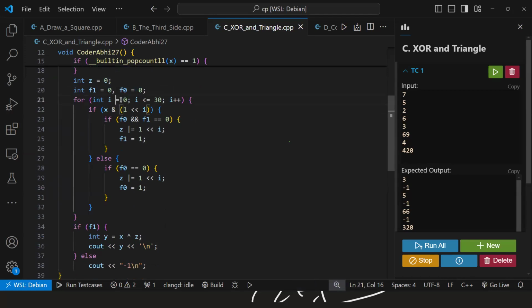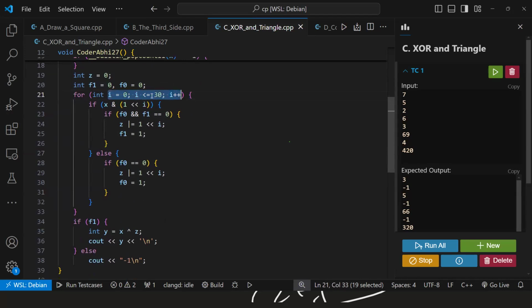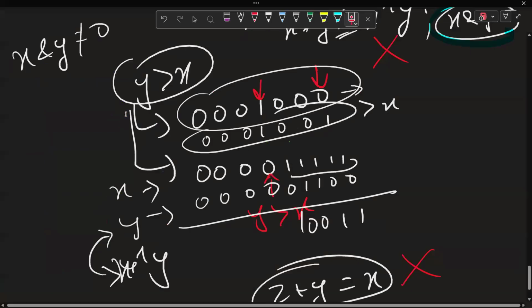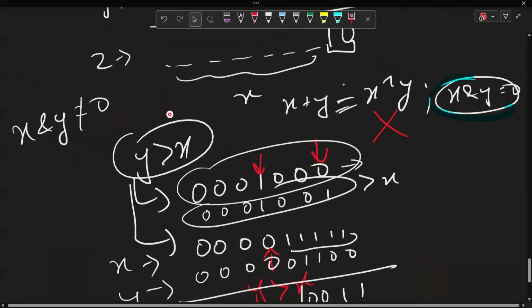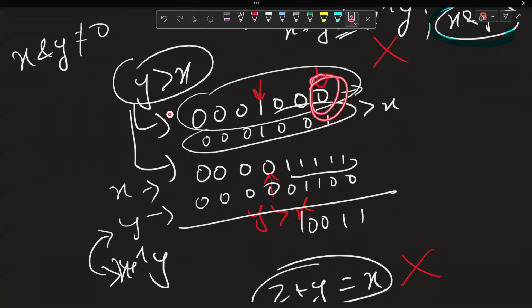So I start with the LSB, from 0 to, these are the bits. I'll check if the ith bit is set. If the ith bit is set, what I need to make sure is that I get the first unset bit.